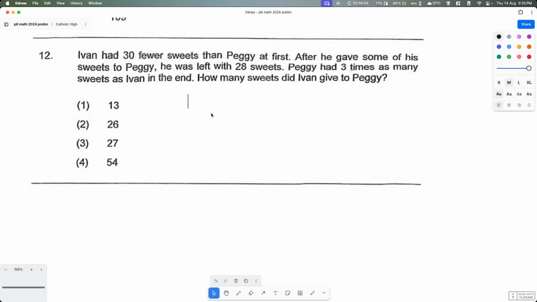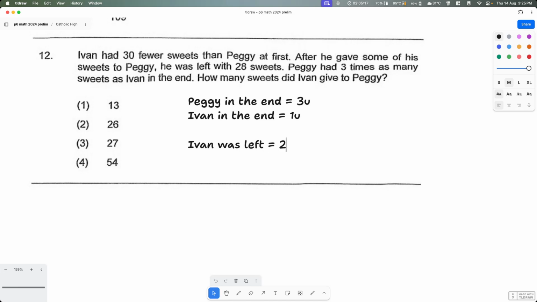Okay, so basically, we know that Peggy in the end has 3 units, and Ivan in the end has 1 unit. Okay, so I'm just gonna copy this. We also know that Ivan was left with 28 sweets. So that means 1 unit is 28.